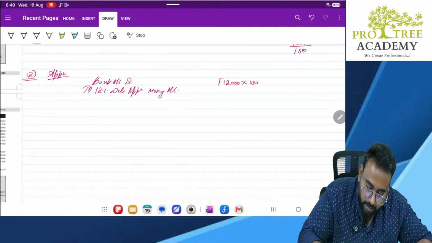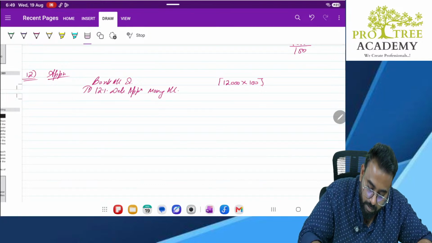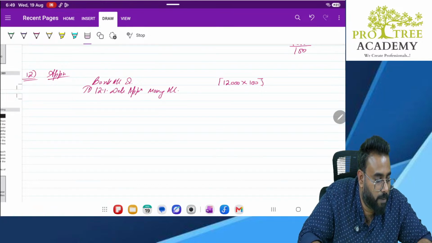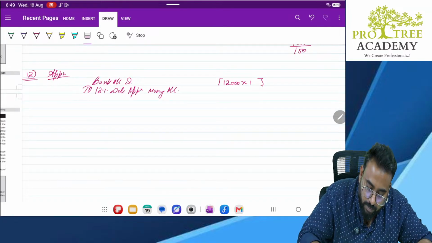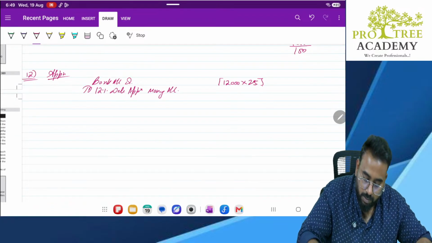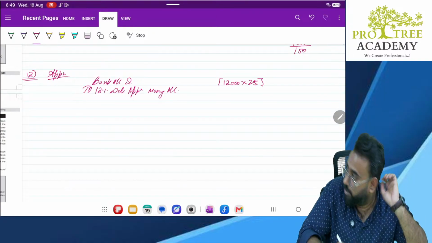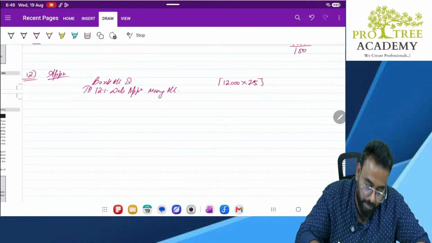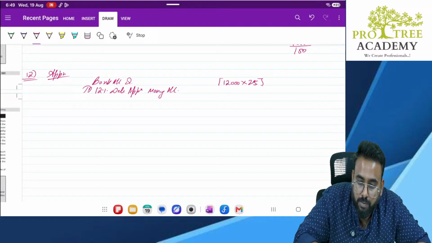Each 100, correct? Oh, sorry, not 100, my mistake. How much was application money? 25. Please calculate 12,000 into 25. 3 lakhs.